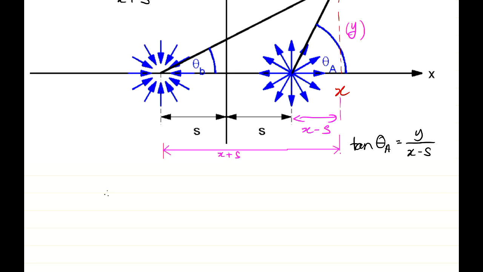Therefore, I'm going to get y over x minus s minus y over x plus s, divided by 1 plus y over x minus s times y over x plus s.